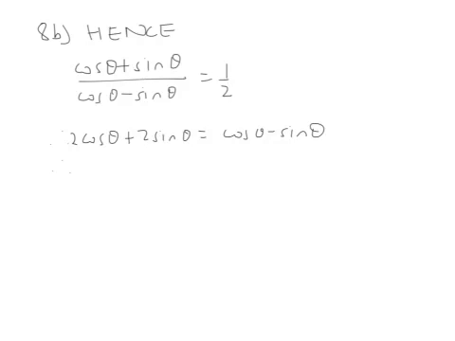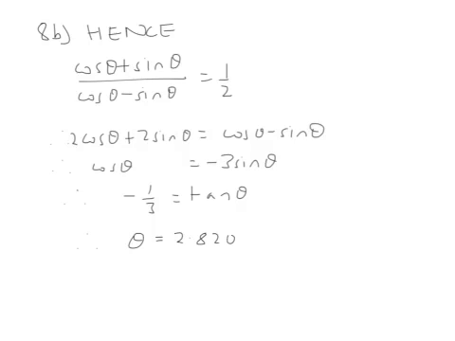Let's gather together the cos thetas. Let's gather together the sine thetas. Now we can divide by cos theta, divide by 3, so we get tan theta is minus a third. And solving that, and using the fact that we're in radians, we get theta is 2.820 and 5.961. We need it to 3 decimal places.